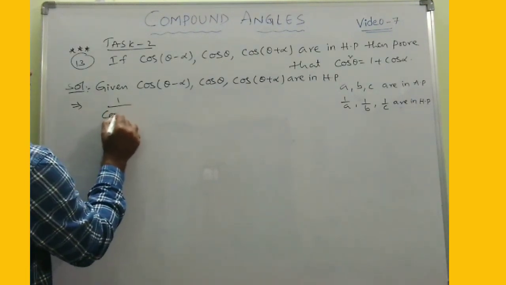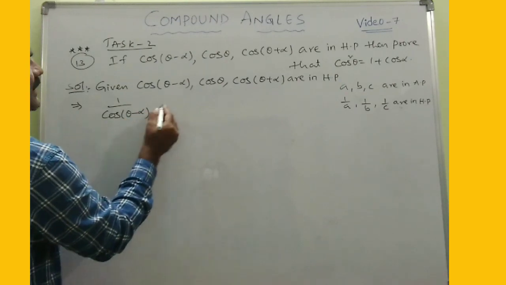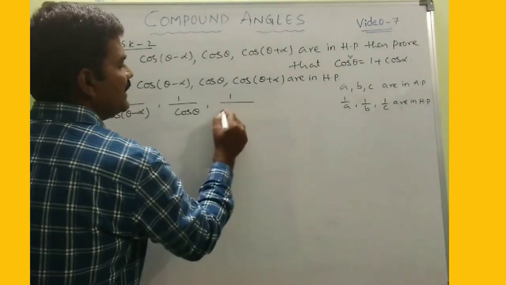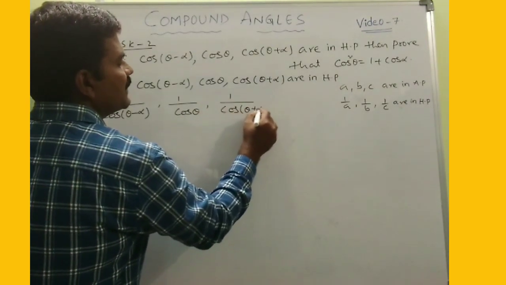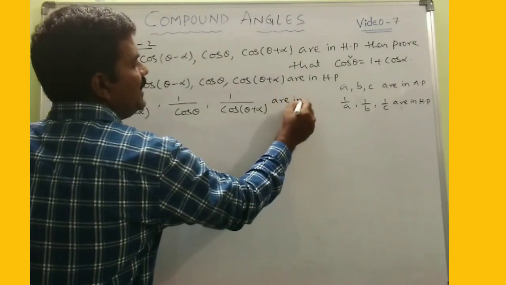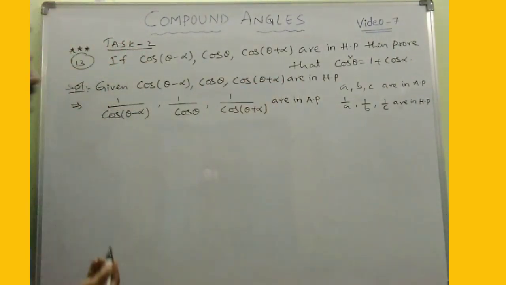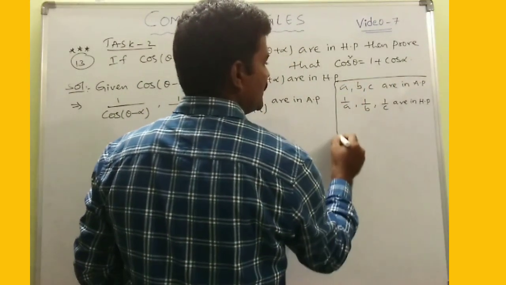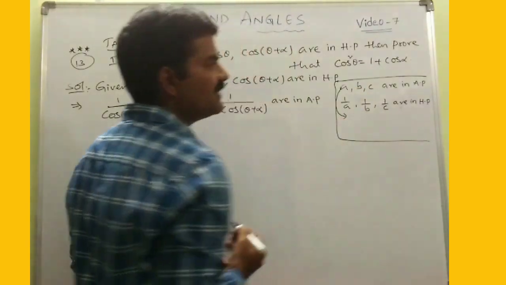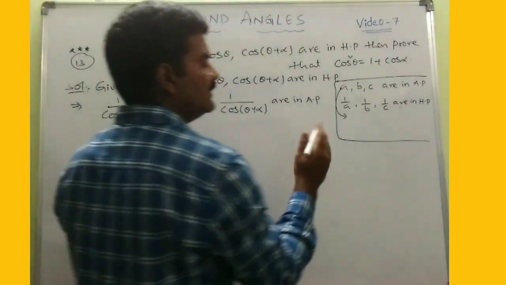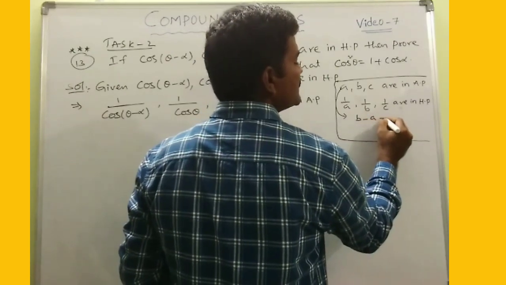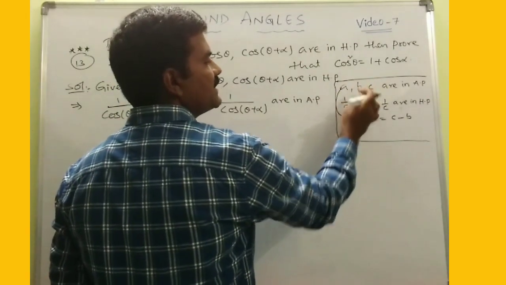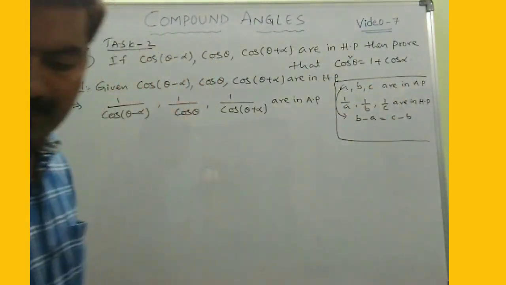That is, 1 by cos of (theta minus alpha), 1 by cos theta, 1 by cos of (theta plus alpha) are in AP. And you see this concept, I think you already know about it. If A, B, C are in arithmetic progression, then the common difference is the same. B minus A should be equal to C minus B.